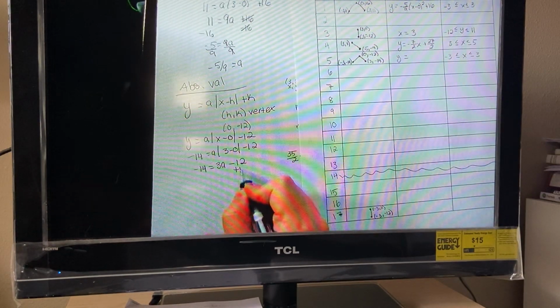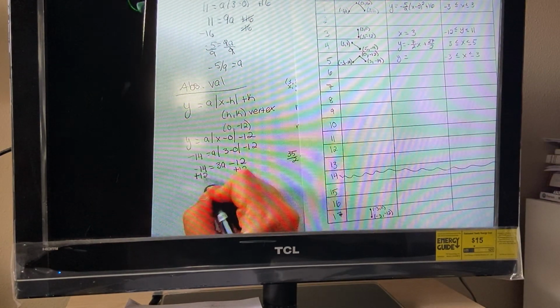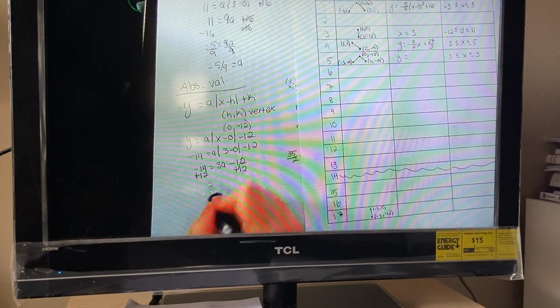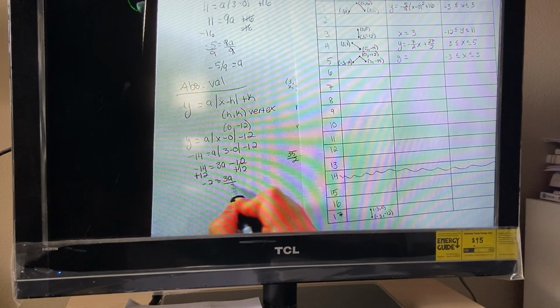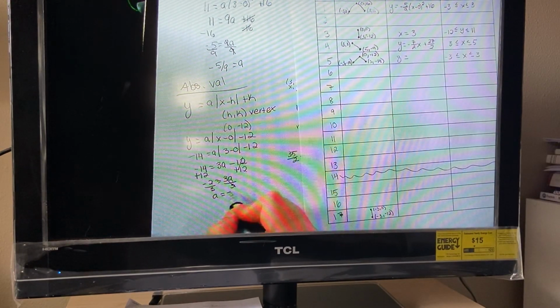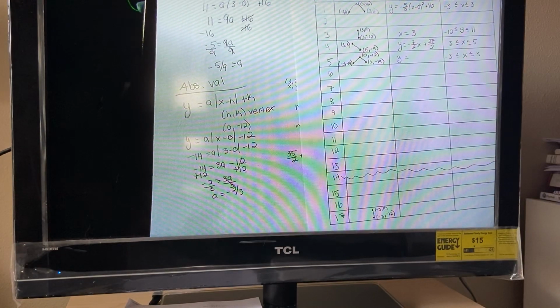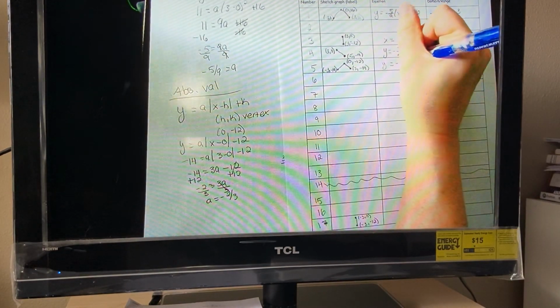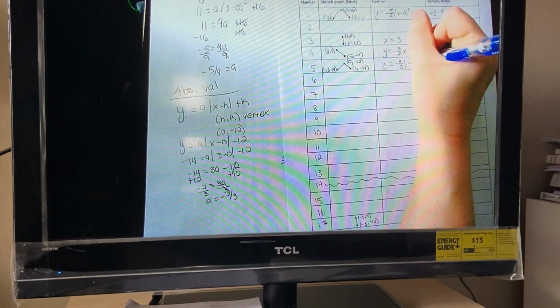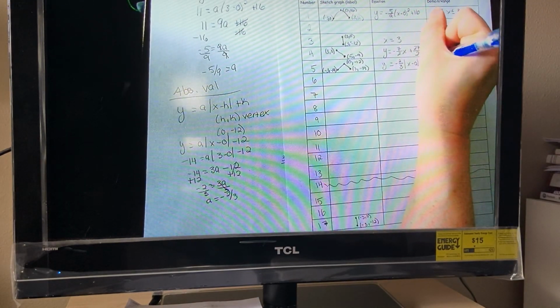I'm gonna add 12 to both sides to get the a term alone. So I have negative 2 equals 3a, and I want a alone, so I'm gonna divide by 3. So a equals negative 2/3. Well, I now have a, h, and k, so I can just fill them in. So negative 2/3 times the absolute value of x minus 0, minus 12.